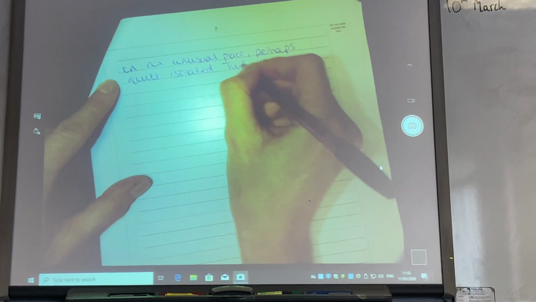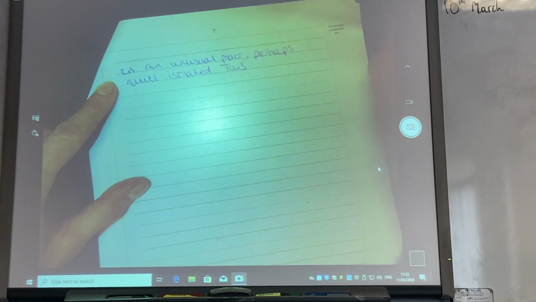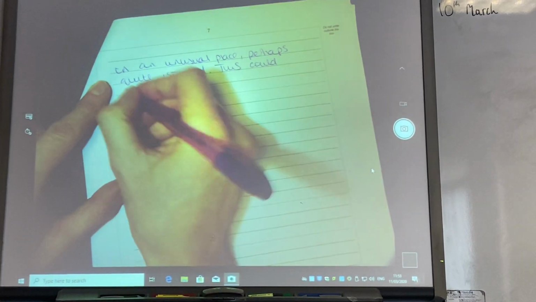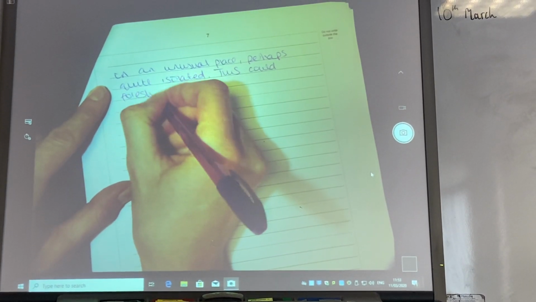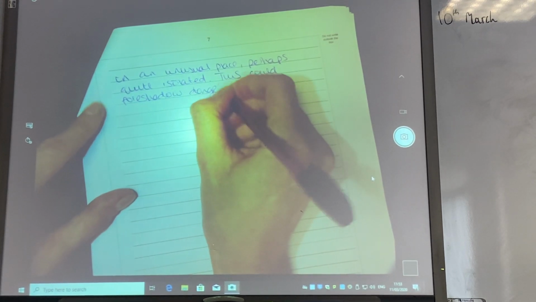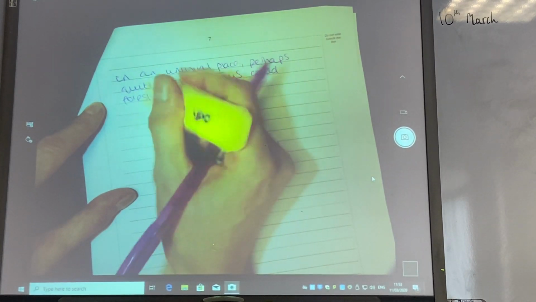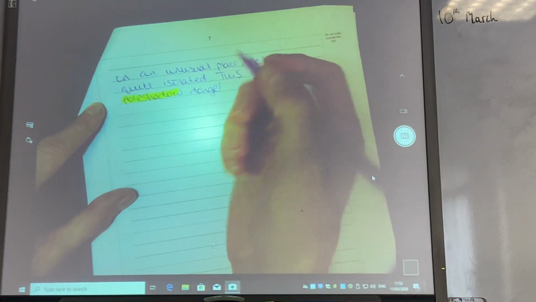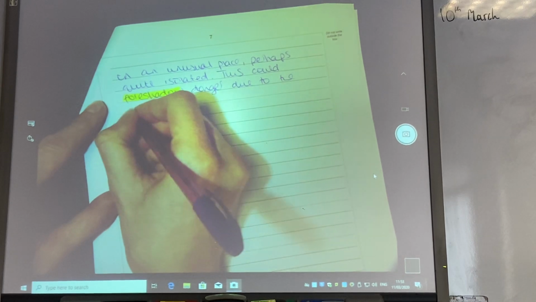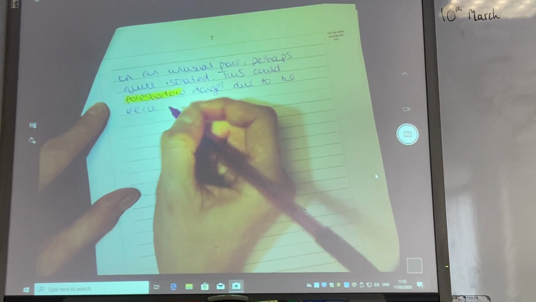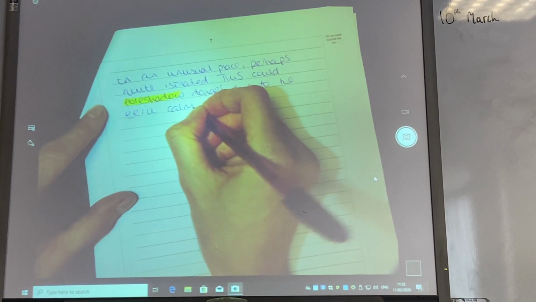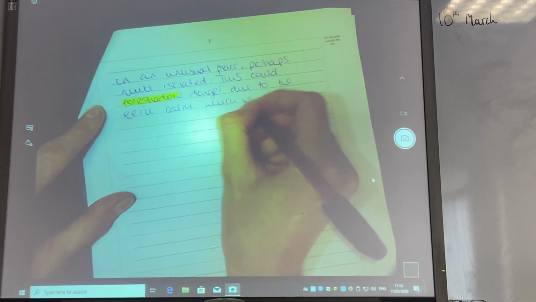You could leave your sentence there, but we want to develop it a bit. This could foreshadow danger. I'm highlighting foreshadow because that's a structural feature, remember, from our list. Due to the eerie calm, which is created.